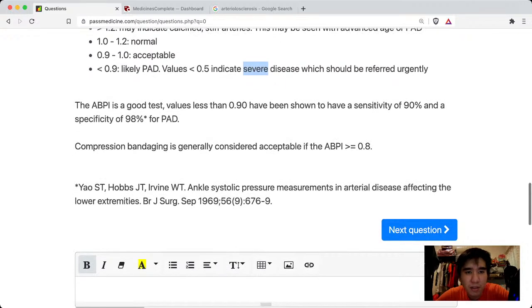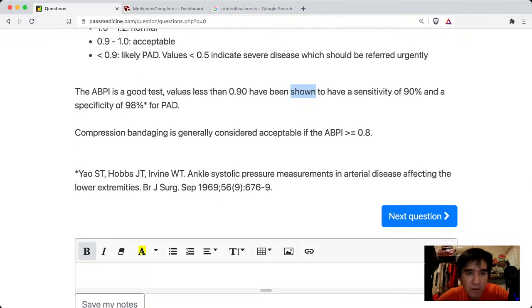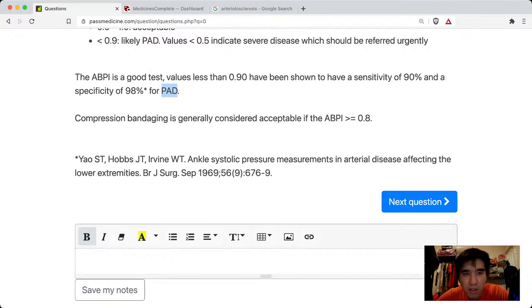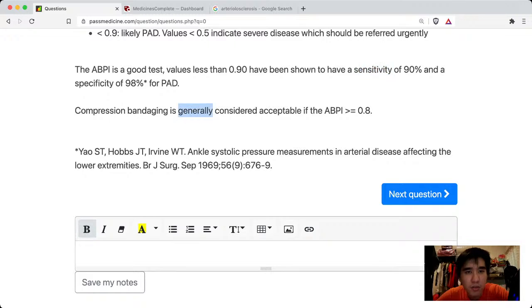ABPI is a good test. Values less than 0.9 have been shown to have a sensitivity of 90%, specificity of 98% for peripheral arterial disease, quite specific and sensitive. Compression bandaging is generally considered acceptable if the ABPI is more than 0.8.